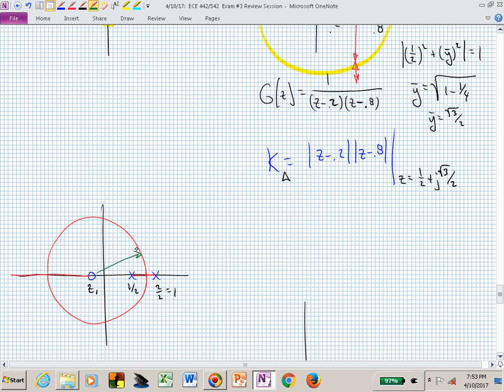This is the same radius. And what is R? R is the geometric mean of the distance of Z1 to P1 and Z1 to P2.